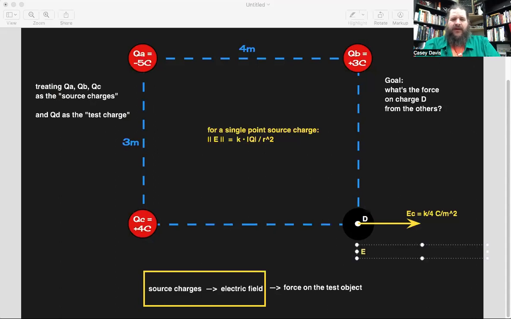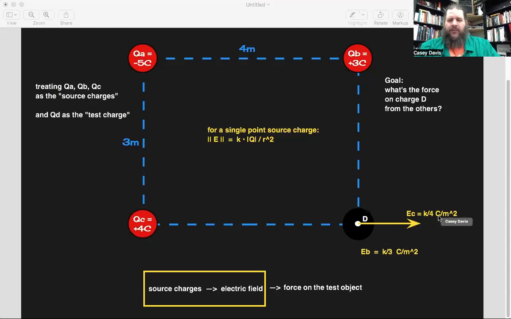The electric field caused by B is going to be K times the absolute value of charge, 3 coulombs, divided by the distance, 3 meters, squared. So what does that reduce to? One-third. Yeah, 1/3 of K. So K over 3 coulombs per meter squared.